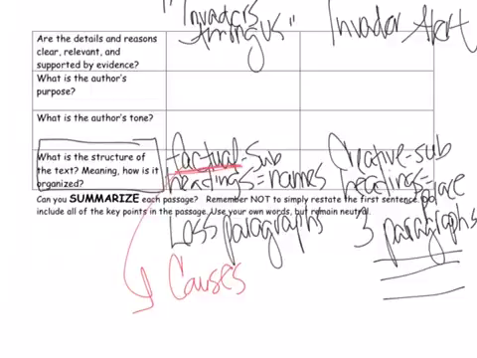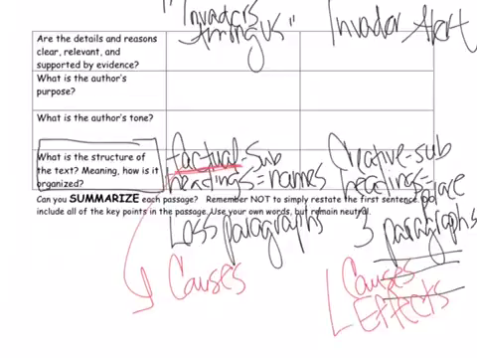And that's because it is all factual. There is no opinion involved. There is no bias involved on what should or should not be done as a result of these problems. It's just, here are the facts. Here's what these species are doing to the environment, done. Whereas in Invader Alert, there are causes in the first paragraph, but then in the second and third, the effects of those causes or problems that the species are creating. So a little bit more room for persuasion here with the effects.